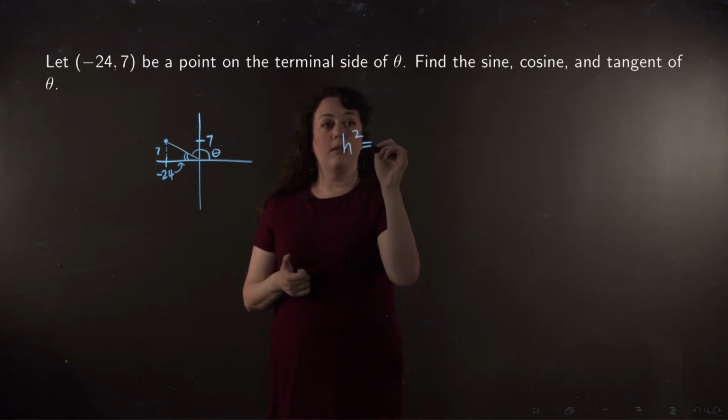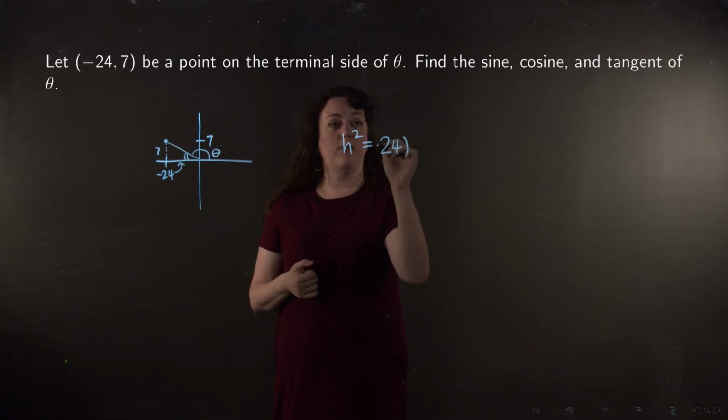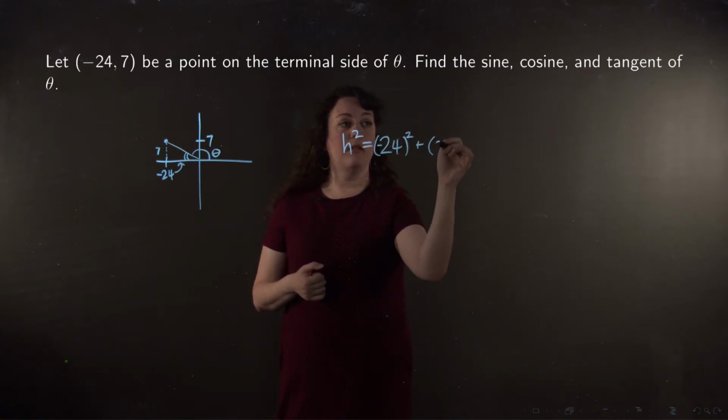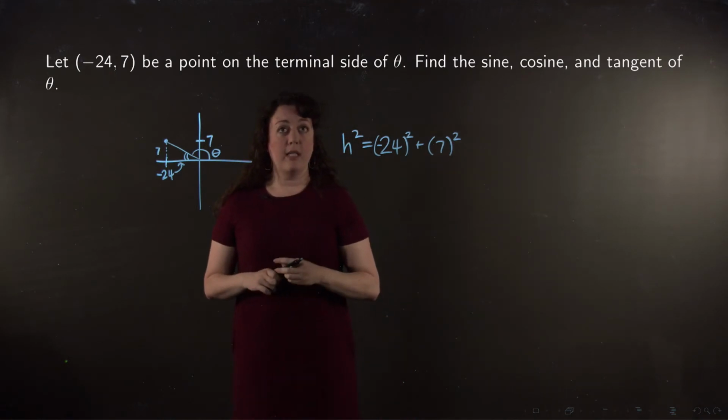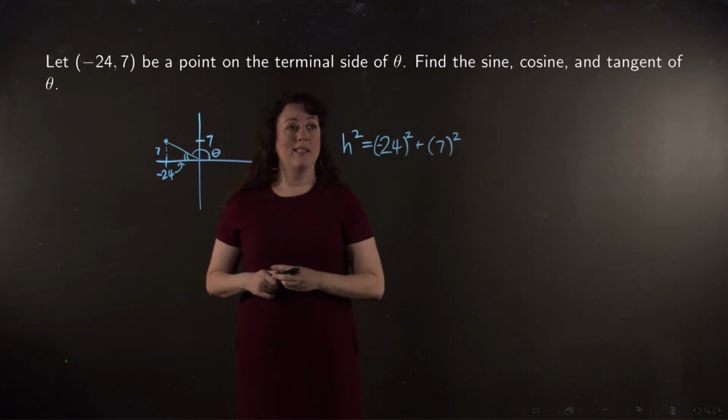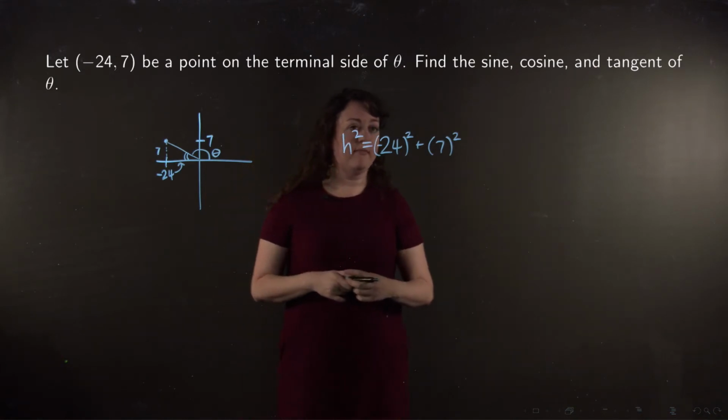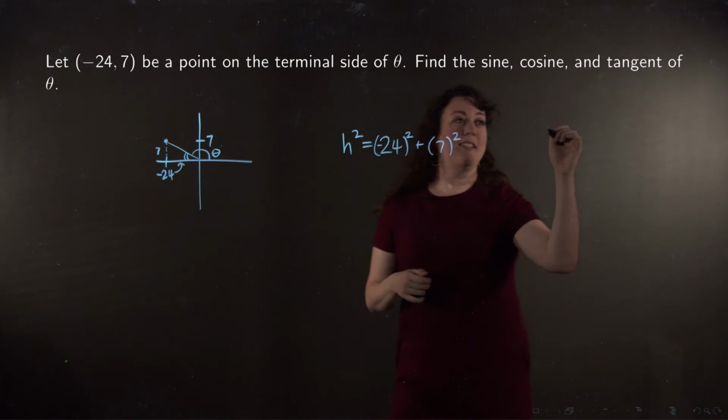Hypotenuse squared is going to equal negative 24 squared plus 7 squared. Let's do it on the side.